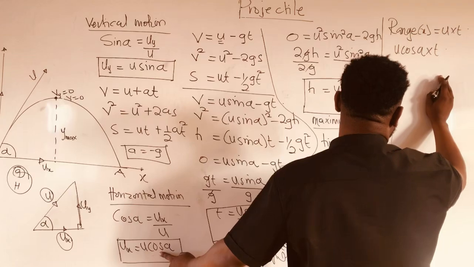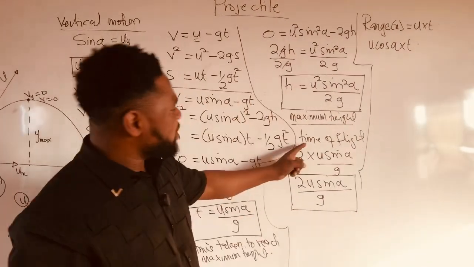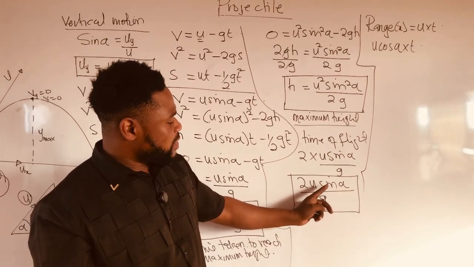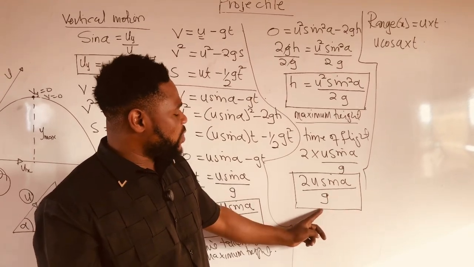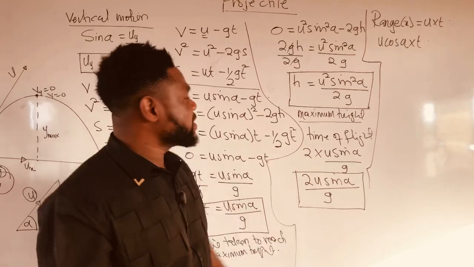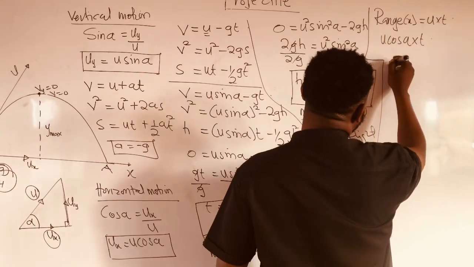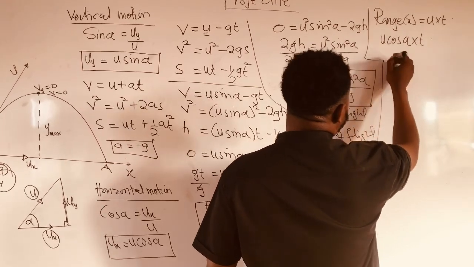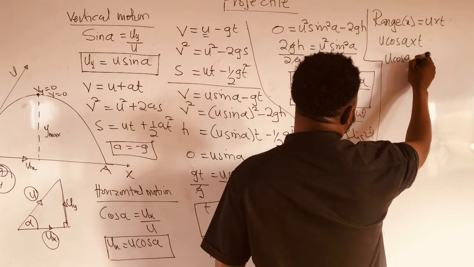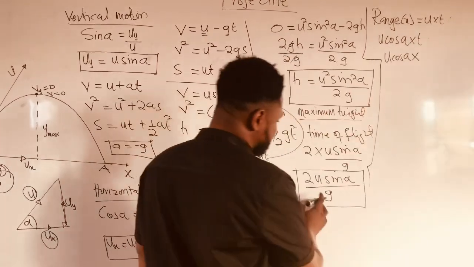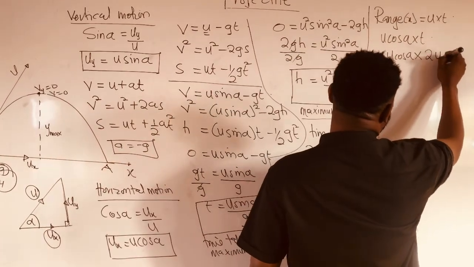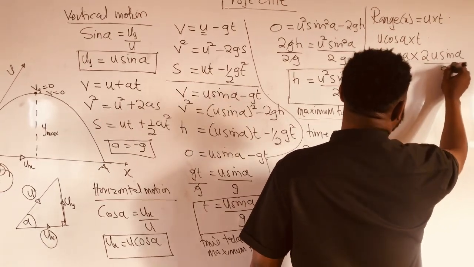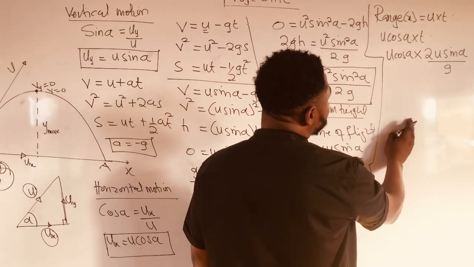From time of flight, our time is equal to 2u sine alpha over g. So anywhere we see t, we are going to put u cos alpha multiplying our time here, which is 2u sine alpha all over g.